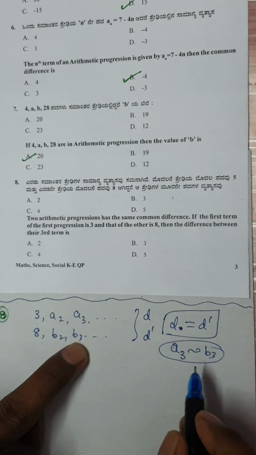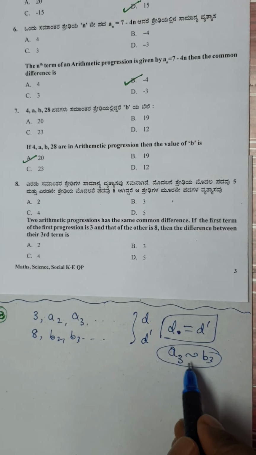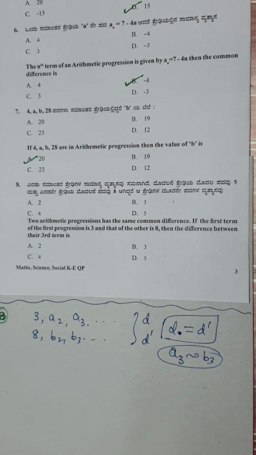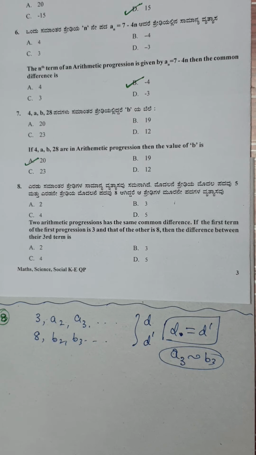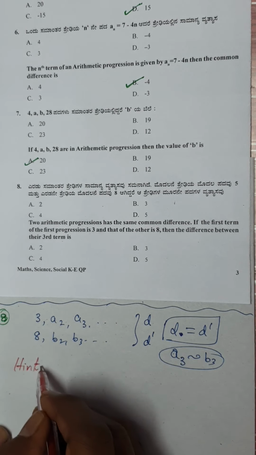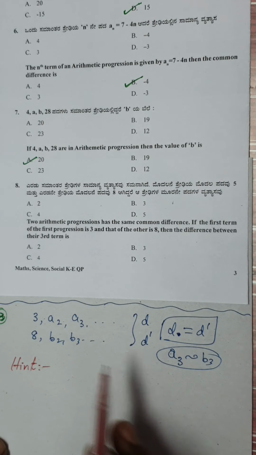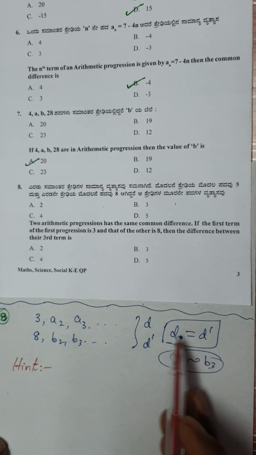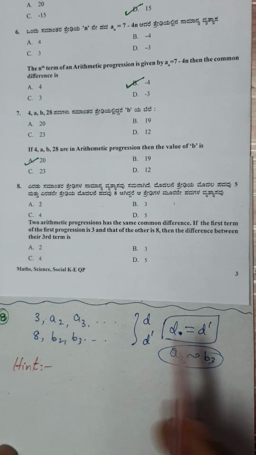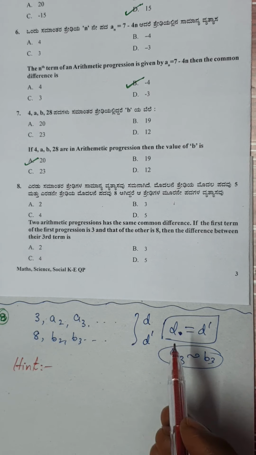We don't know which is bigger, so let me consider the common difference between their third terms. Okay. Dear students, this is a tricky one. I'll give you a simple hint. If the terms are in AP, please note it down, if the terms are in AP and their common difference is the same, then their consecutive terms' difference would be the same.